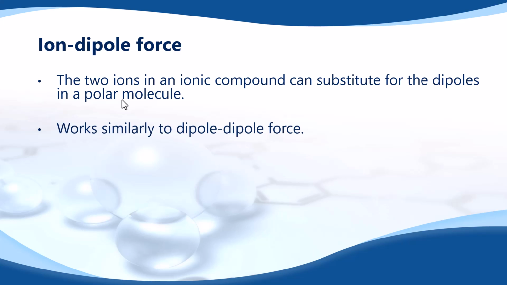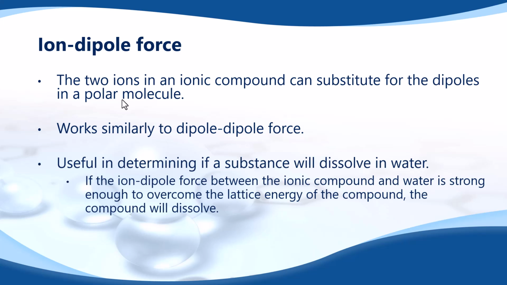And the key thing here, the reason why we use this, is when we talk about solubility. If you can easily overcome the lattice energy, and the ion dipole force between the solvent and the ions is significantly stronger than that, then a substance will tend to be very soluble.